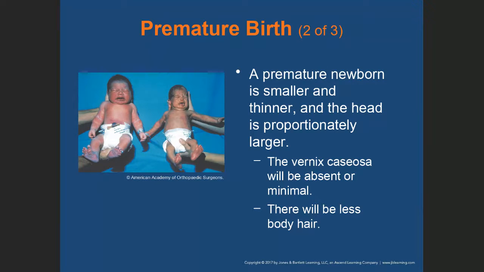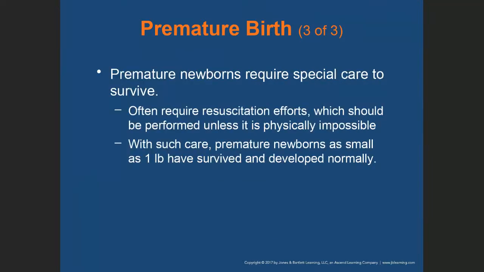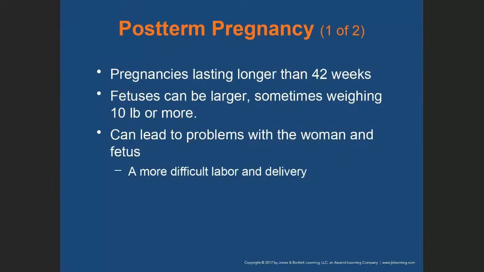The vernix caseosa will be absent or minimal. There will be less hair. Premature newborns require special care to survive and often require resuscitation efforts, which should be performed unless it is physically impossible. With such care, premature newborns as small as 1 pound have survived and developed normally.